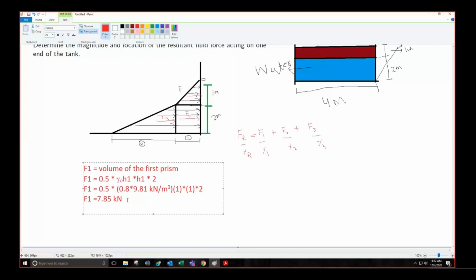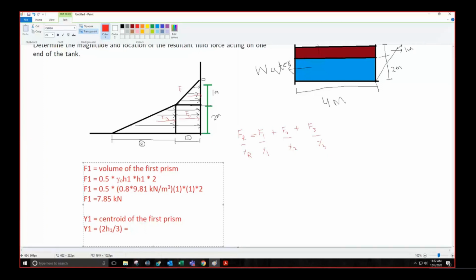Right. Now what about Y1? Let's say Y1, location of the force 1. This is equal to 2 by 3 of H, centroid of the first prism, and we are measuring it from the top, ठीक है? From O. So it is equal to 2H1 divided by 3. ऐसे ही है? ठीक है?